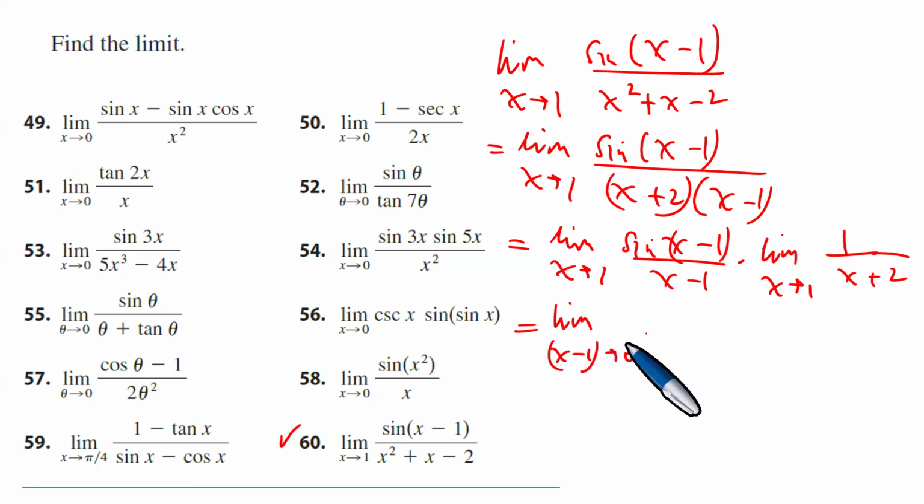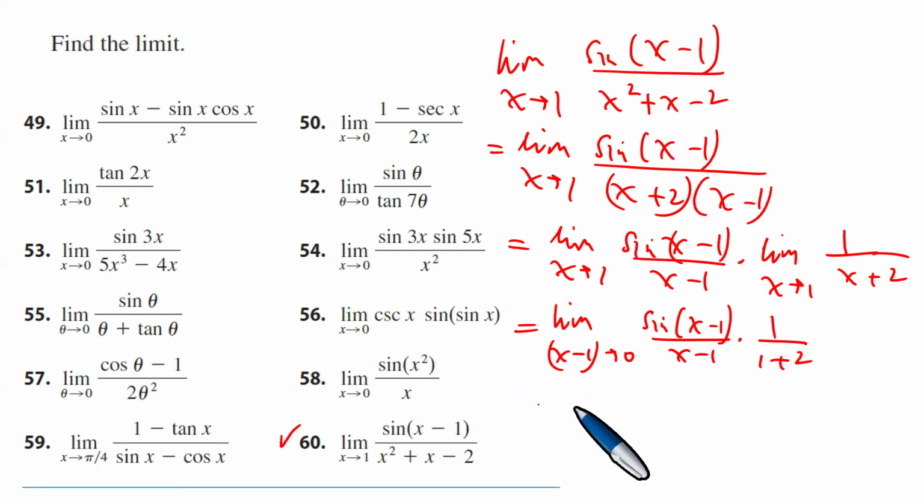And therefore, as x minus 1 approaches 0, this is exactly the sine of x minus 1, and this one is 1 over 1 plus 2. As x approaches 1, x minus 1 approaches 0, so this one is of the form sine theta.